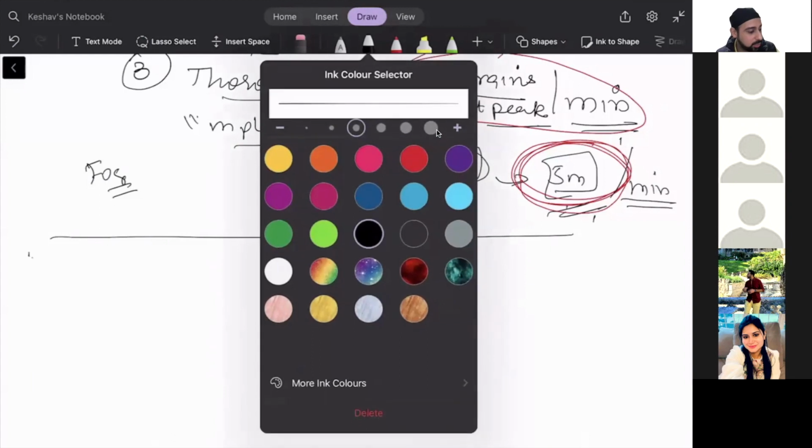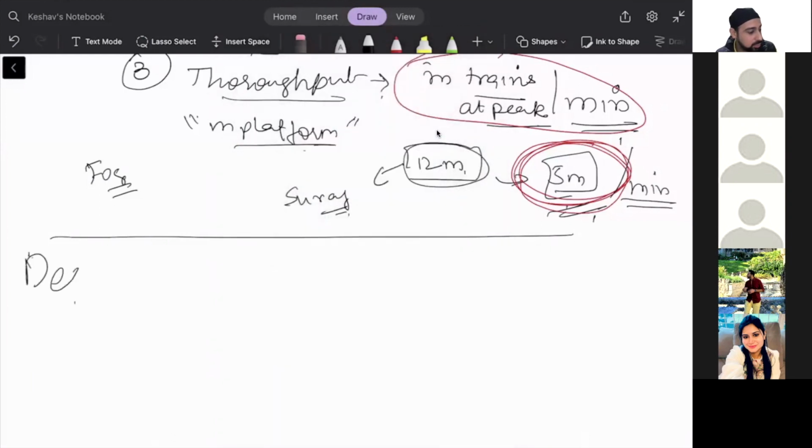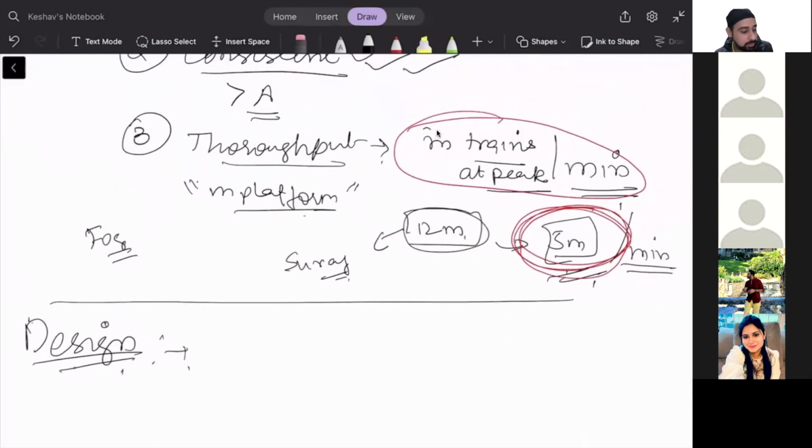Sorry, I couldn't quite understand. 5M is 5 times M per minute? Okay, sorry. Five trains per platform per minute. Just clarifying that. Yeah, thank you. Okay.